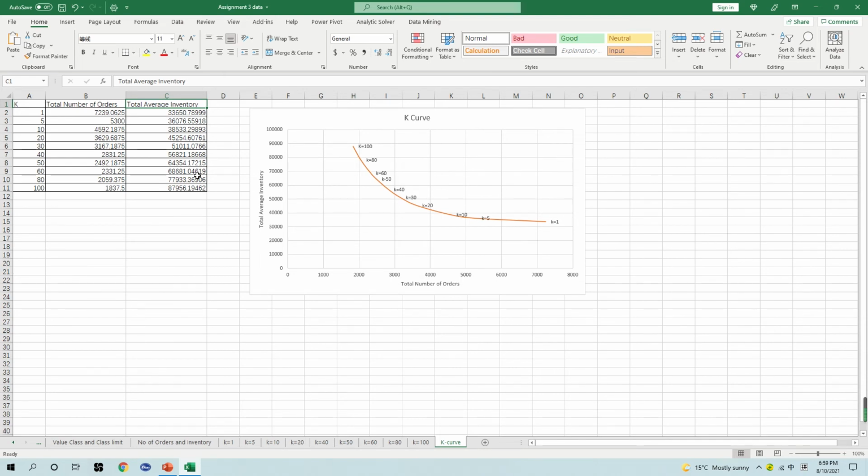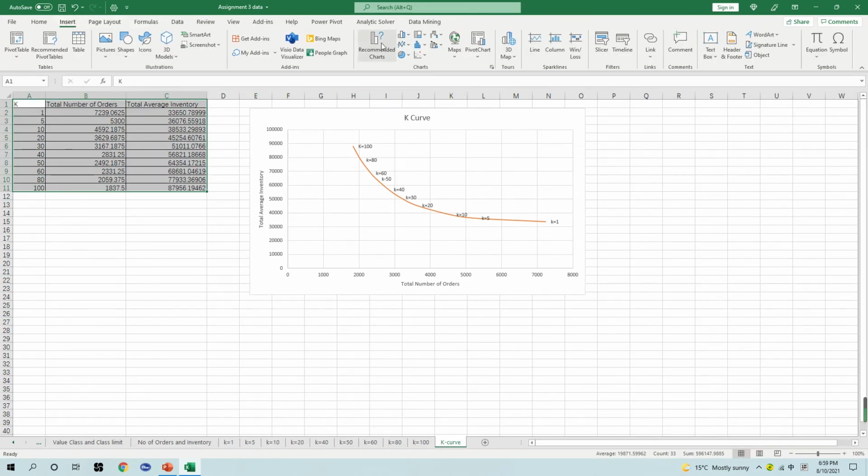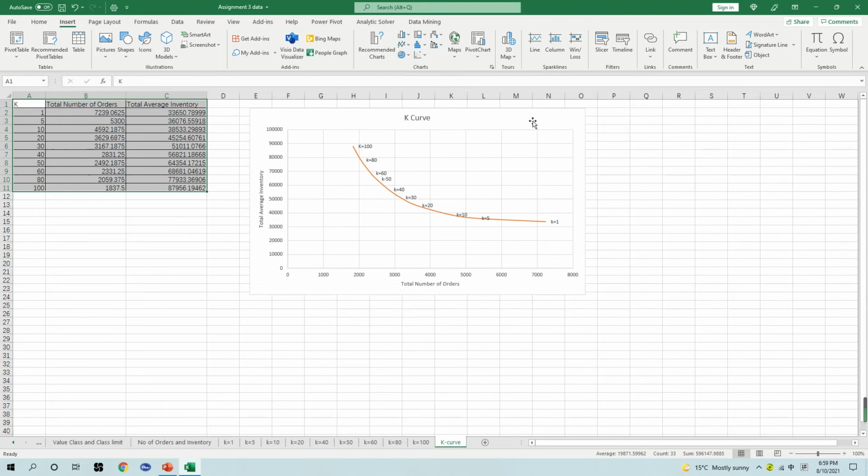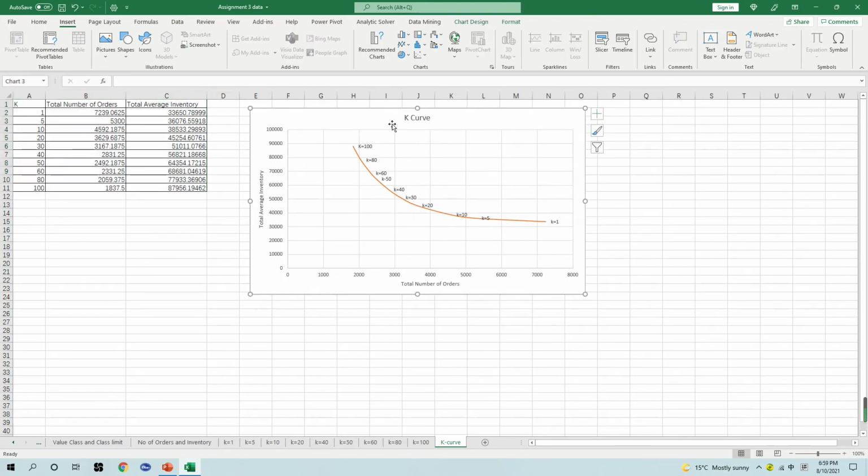If we select the whole table and use a scatter plot to create a chart, this is what it looks like, and this is what we call the K curve, with number of orders on X, average inventory on Y, and the value of K along the way.